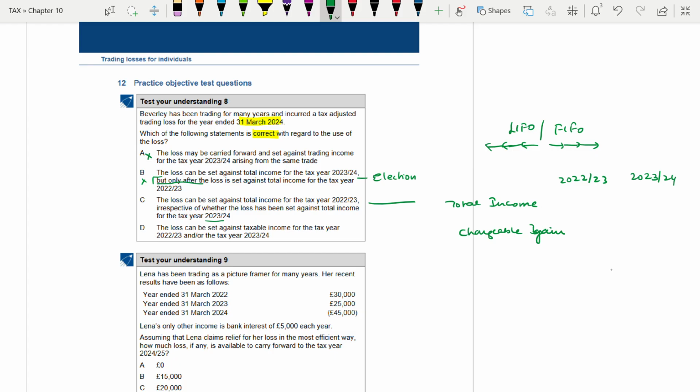When they are trading for many years, first what we are doing is taking the previous year, 22-23. Whether the loss is against the current tax year or not, we will go with the previous year.